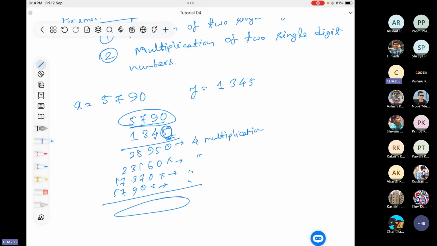And how many times? There are 4 digits in the second number. So that means we perform these multiplications 4 times, right? Yes, equal to the number of digits.